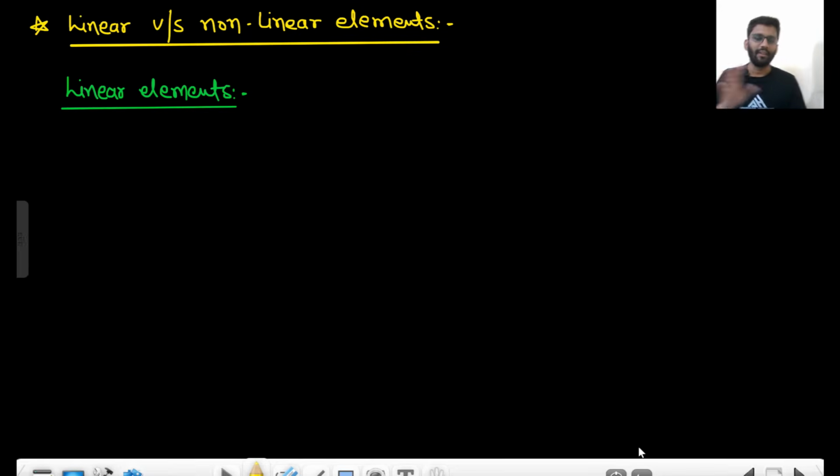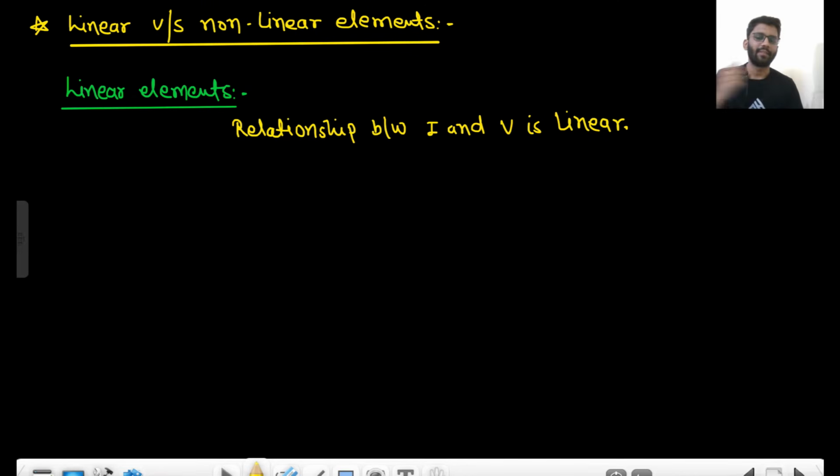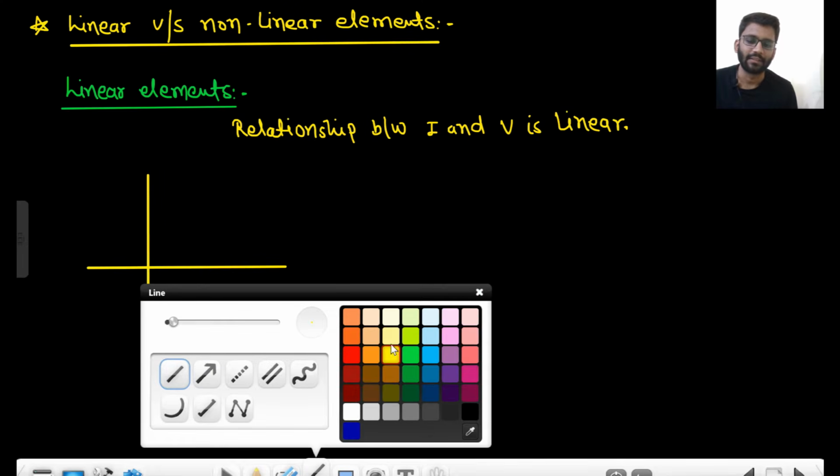So let's start with linear and non-linear elements. What are the linear elements? For a linear element, the relationship between I and V is linear. So what do you understand by this? Basically, if you draw the IV characteristics, what are the IV characteristics?